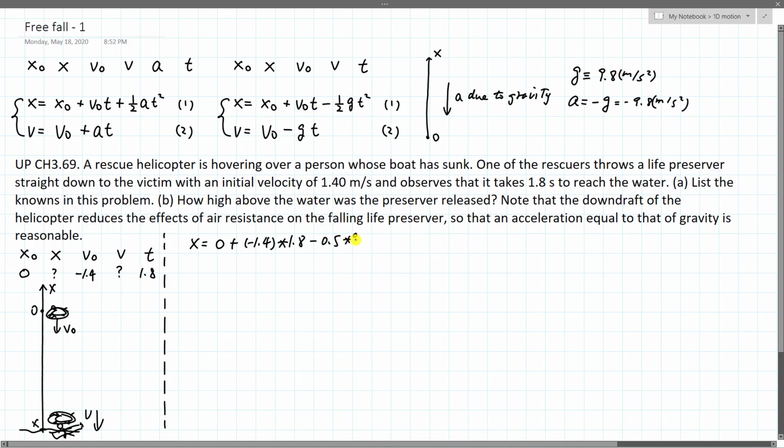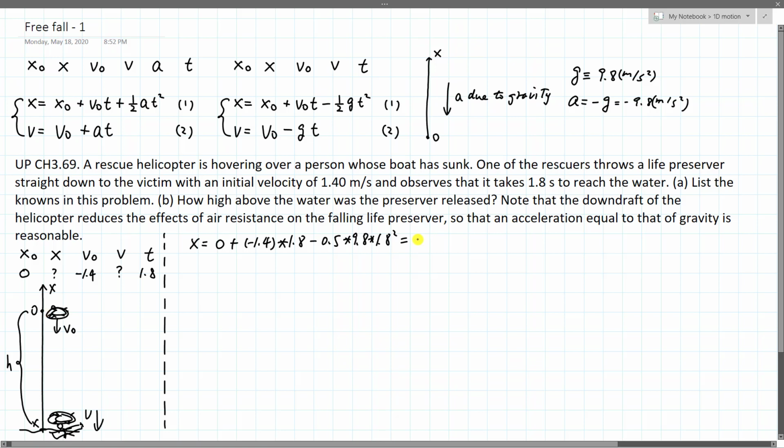This is 9.8, then times time, 1.8 squared. So we can already get the position. This is the absolute position. So if we just want the height here, this height is the absolute value of this coordinate, which is below the 0 where we set the origin.